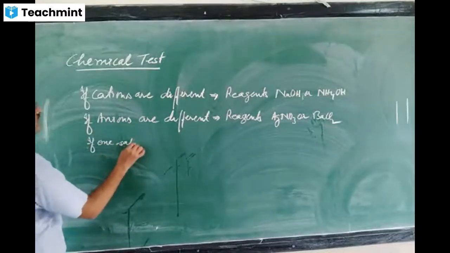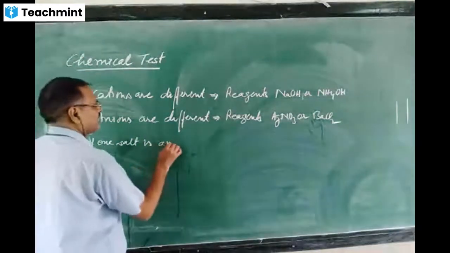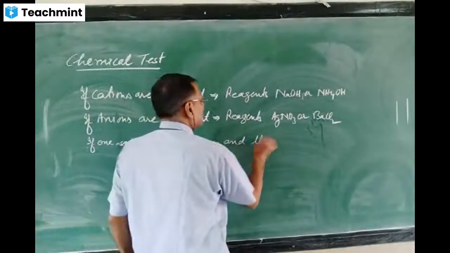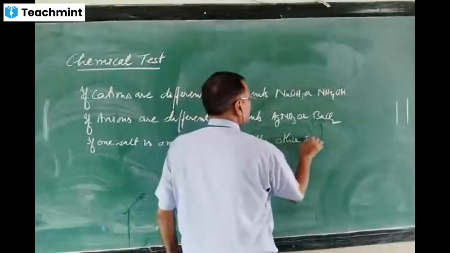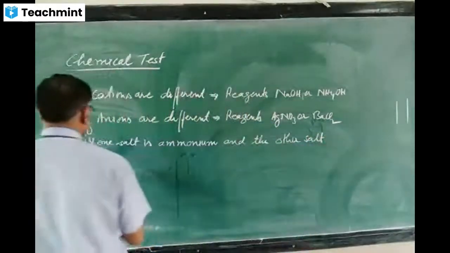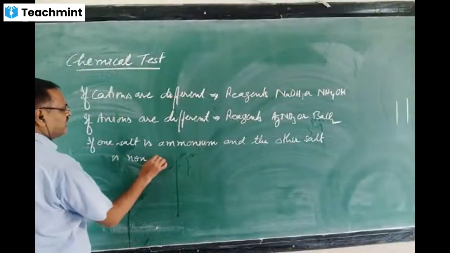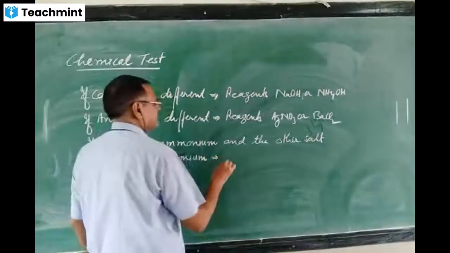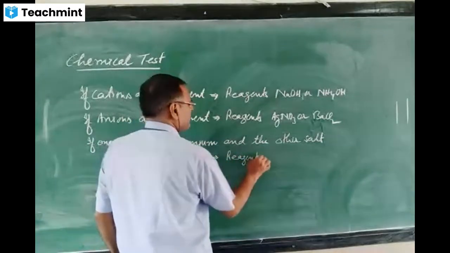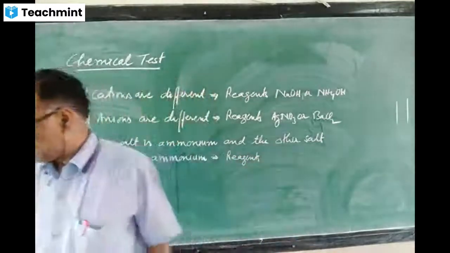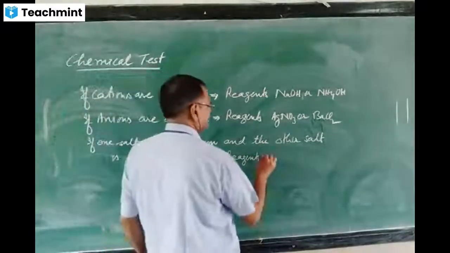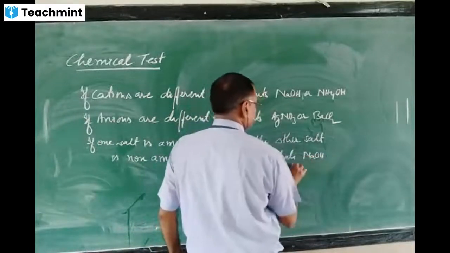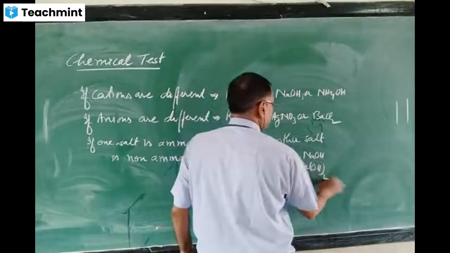Then third case, if one salt is ammonium and the other salt is non-ammonium, then in that situation the reagent that will be used is alkali, either sodium hydroxide or calcium hydroxide.